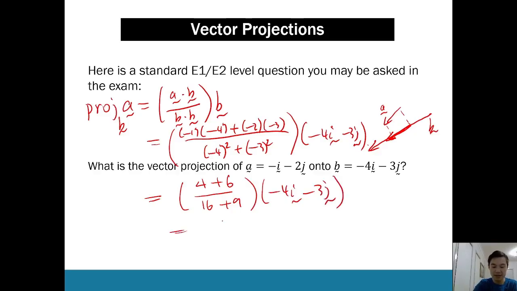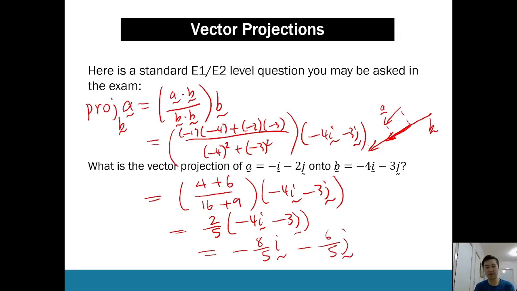So this will be 10 over 25, which is 2 over 5, times -4i minus 3j. And this will give us -8 over 5 i minus 6 over 5 j. And that is your vector projection of A onto B.